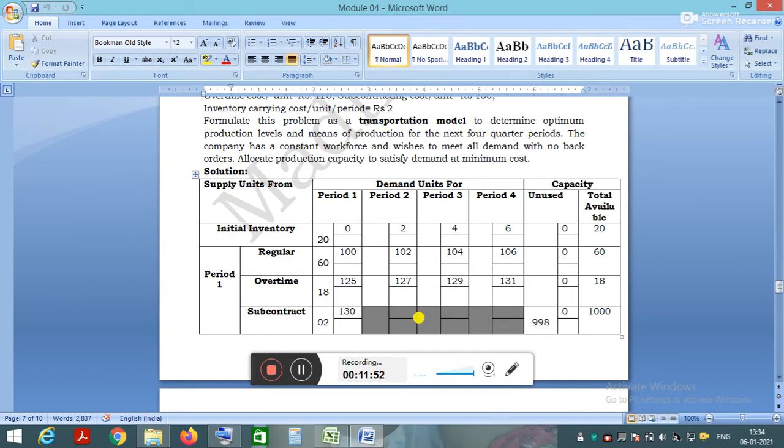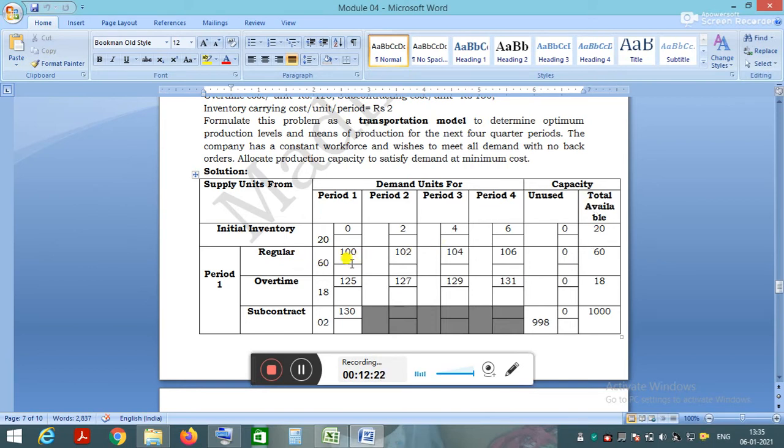Okay. See, in period 1, the least cost for manufacturing 1 unit is regular time, because it costs 100 rupees. In overtime it costs 125 rupees, and in subcontracting it costs 130 rupees. Since the regular time cost is very low, we produce most of the products in regular time only.